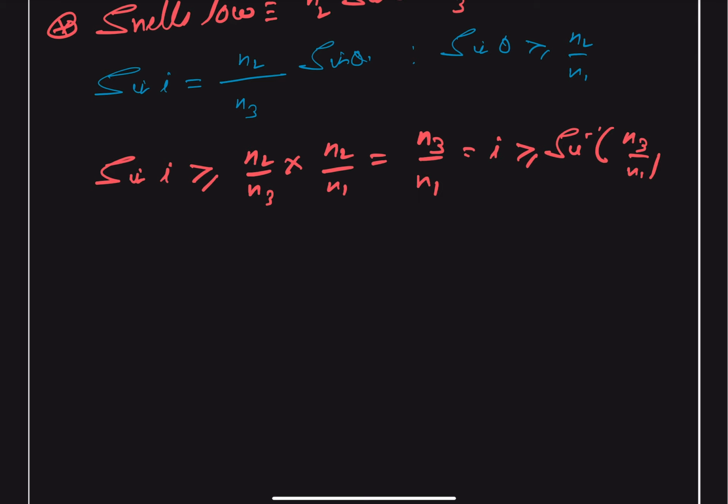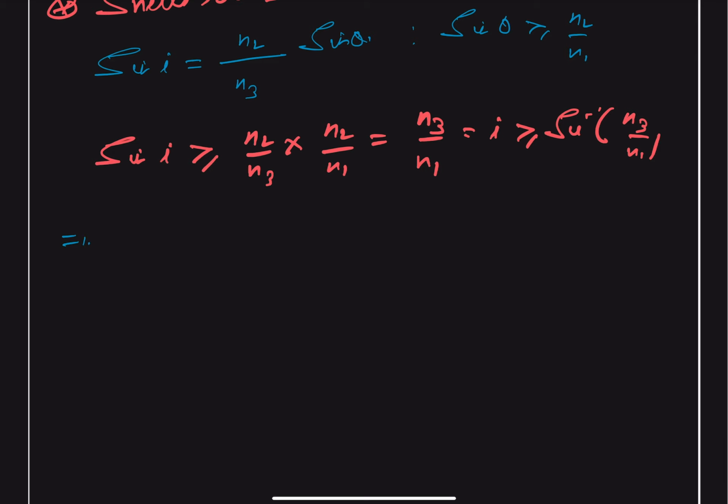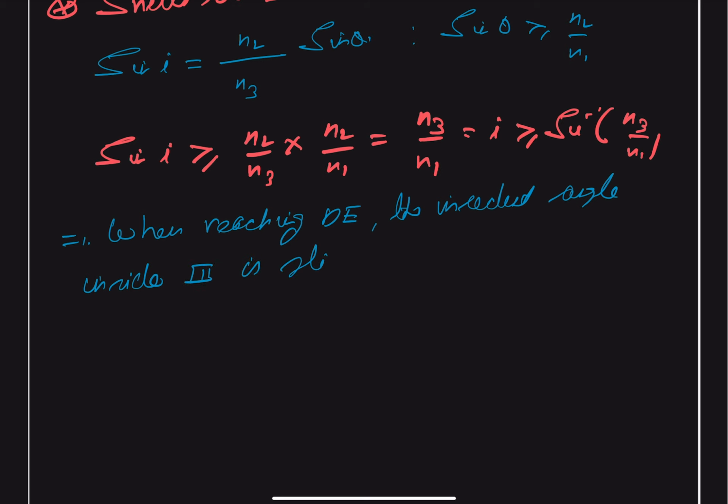So it means when reaching DE, the incident angle inside 3, that is inside medium 3, is slightly greater than the critical angle at the interface of third and first.